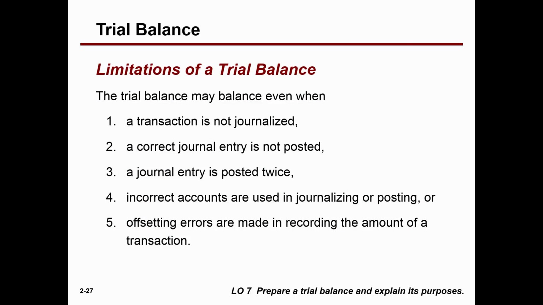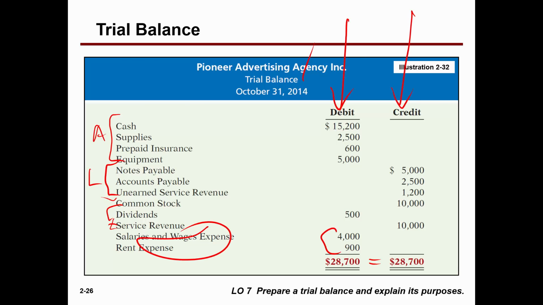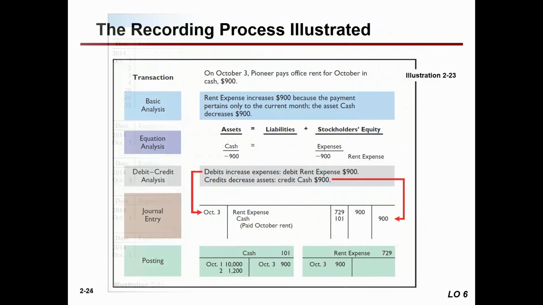Here it mentions that there could still be errors in your accounting records. So let's say that you forgot to record a transaction. Well, the trial balance is still going to equal. So let's say maybe you forgot to record this transaction. That means the rent expense and cash are going to be off.